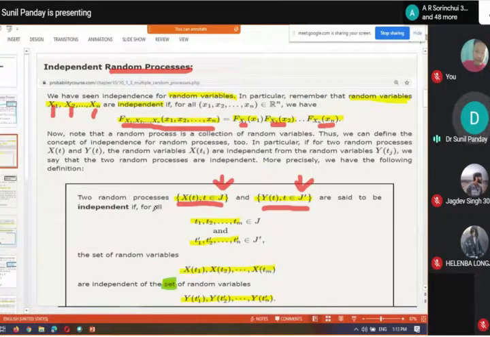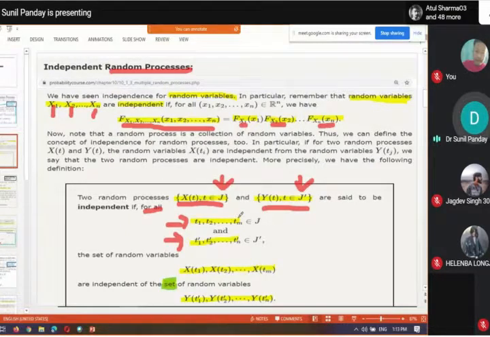Here we have the word 'for all'. For all t1, t2, ..., tm, you select m time instances from J and n time instances from J dash, and you mark dash on each of them so that they are different. They may be the same also, or different.